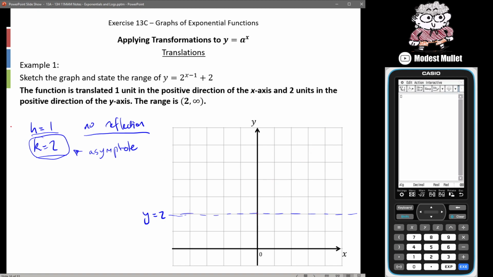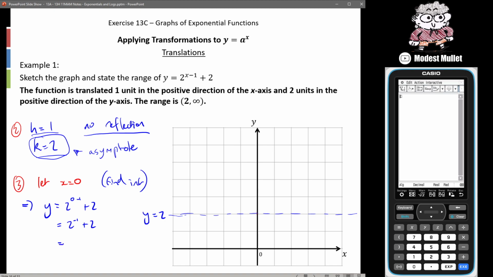So that was step 2, step 3 was find the intercept. So we're going to let x equal 0. Here we're finding the intercept. So if we let x equal 0, we get y is equal to 2 to the 0 minus 1 plus 2. So we get y is equal to 2 to the negative 1 plus 2.